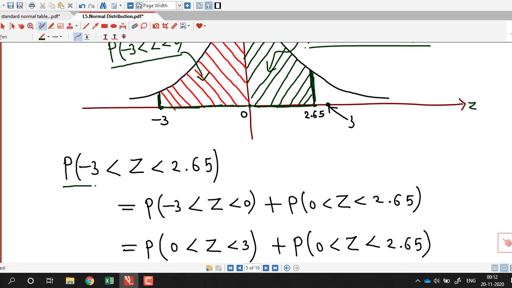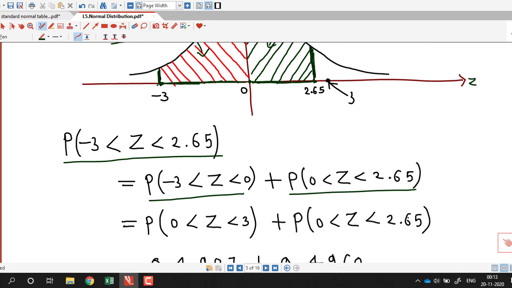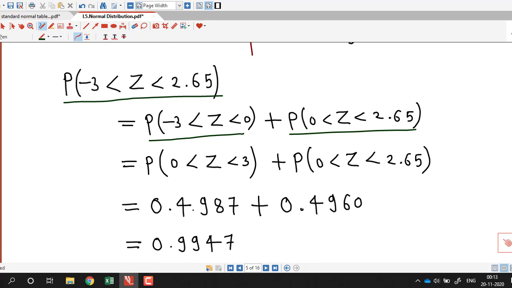So the probability that -3 is less than z less than 2.65 is equal to the area from -3 to 0 plus the area from 0 to 2.65. We replace the area from -3 to 0 by the probability that 0 is less than z less than 3, and we keep the other as it is. Now we are having the standard form, so we can use the table.